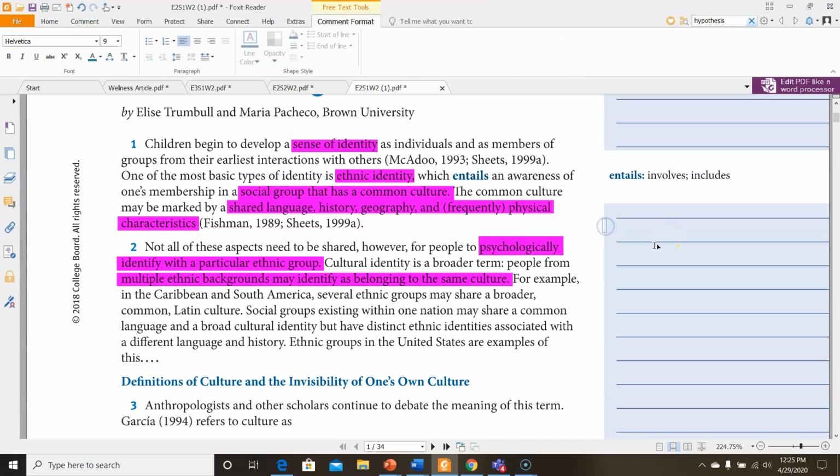So cultural identity doesn't need all characteristics of ethnic identity. It can be more broad and include multiple ethnic backgrounds belonging to the same culture.